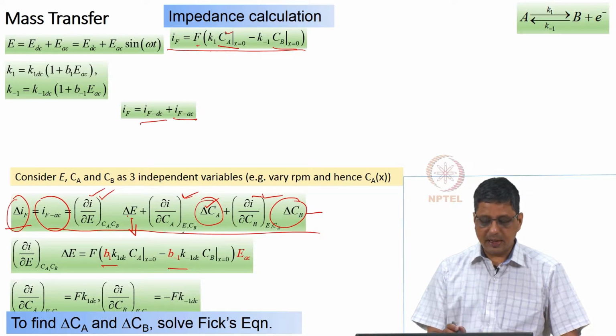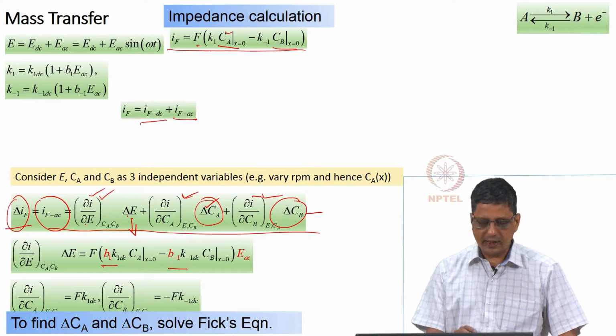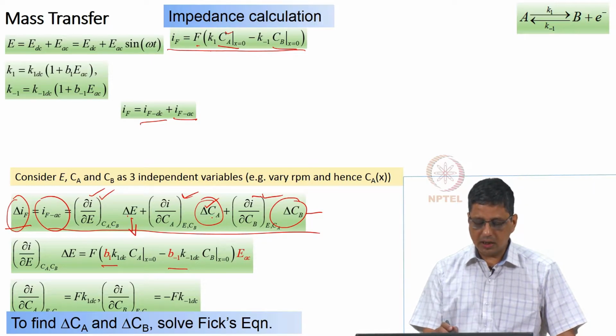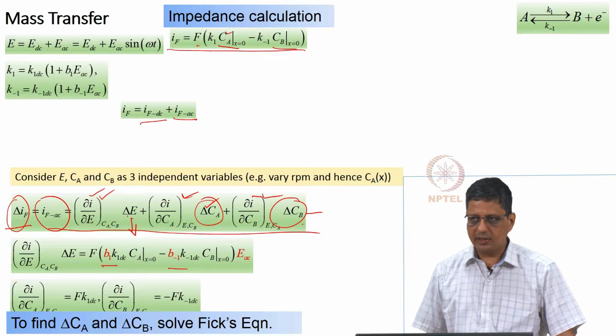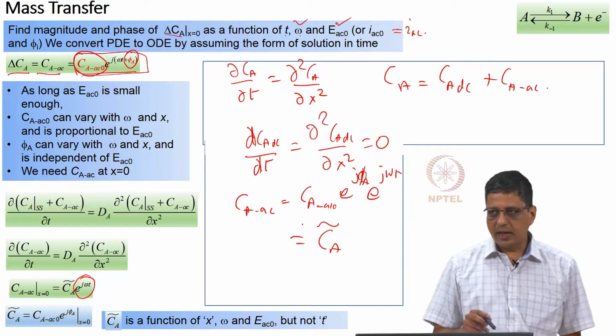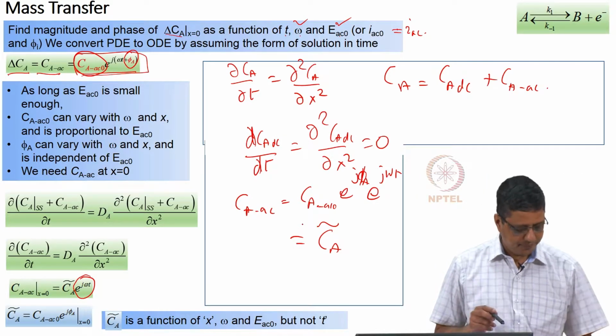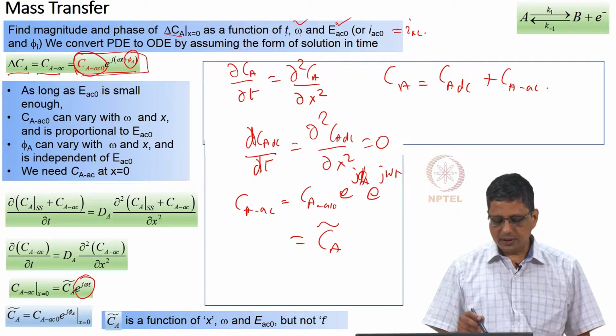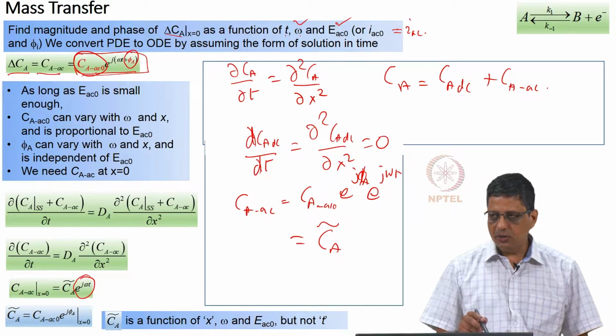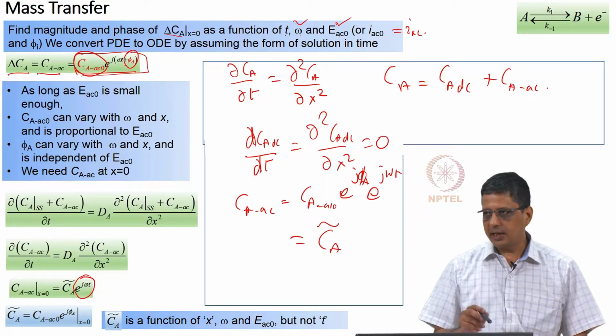So, instead of expanding in terms of E_AC on the right side, we expand it in terms of del E, del C_A and del C_B, and in order to get del C_A and del C_B, we were solving the flux equation. If you write the flux equation for del C_A, we can write it in terms of amplitude or magnitude and phase at a given omega t.